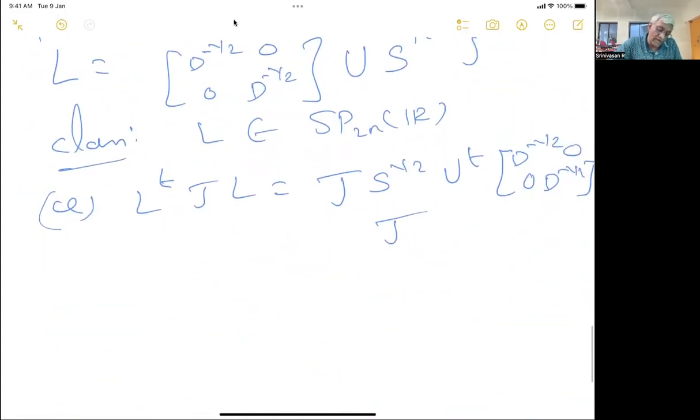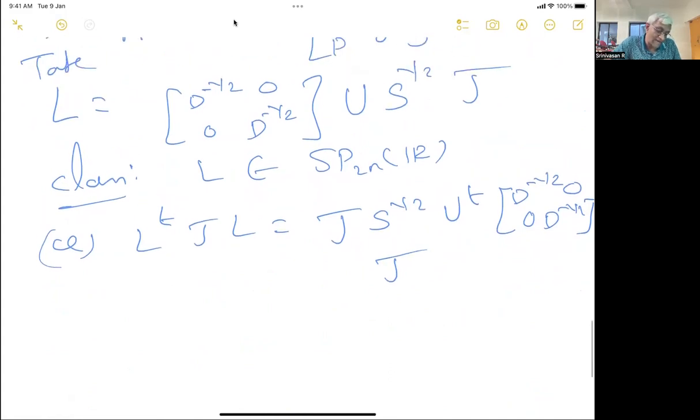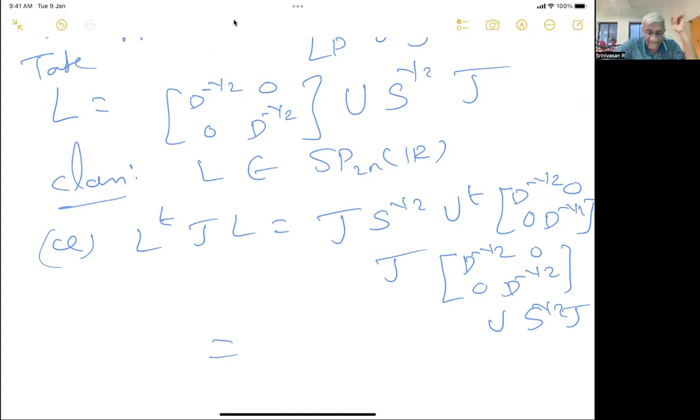So I have written L transpose, then there's a J in the middle. Then I have to write L again: D power minus half, 0, 0, D power minus half, then U, S power half J. Now J is just 0, minus I, I, 0. If you multiply all those things, you will get J S power half U transpose.